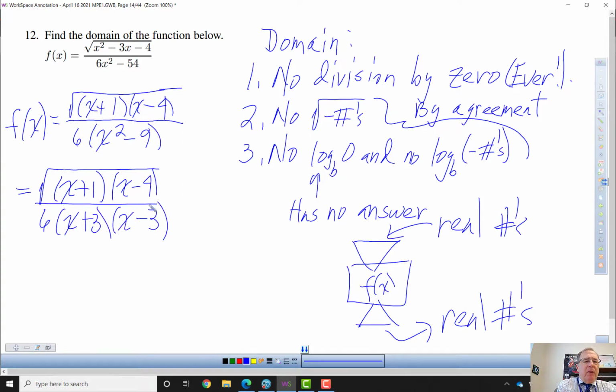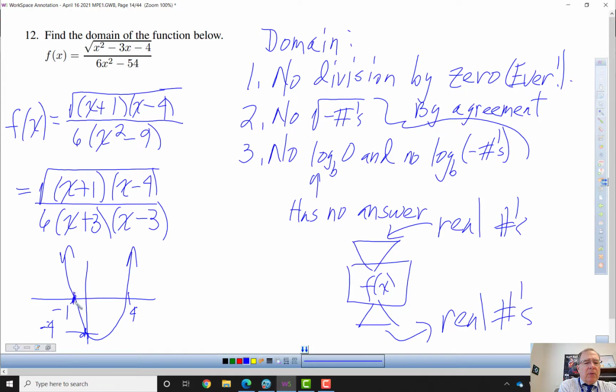Okay, so if I sketch this as a quadratic function, I'm going to have an x-intercept at -1, an x-intercept at 4, and we're going to go between there. This is going to hit at y equals -4.